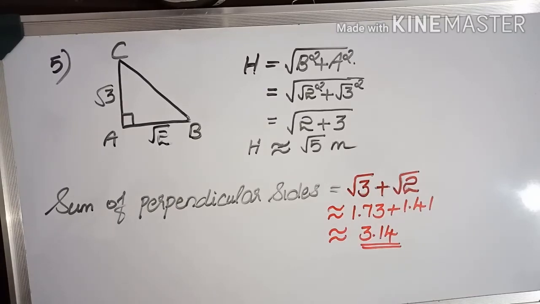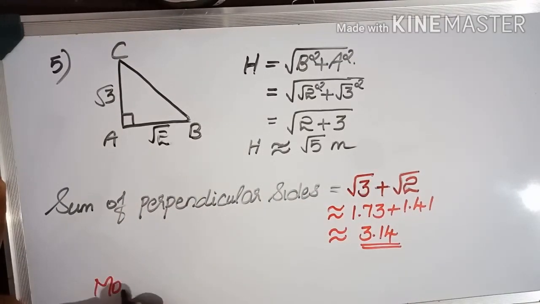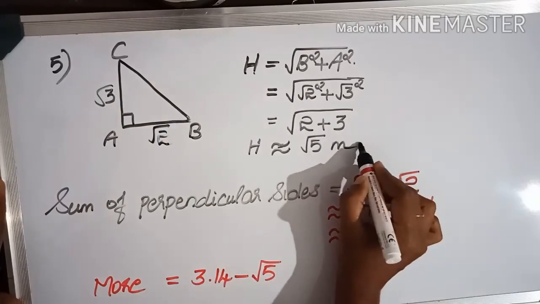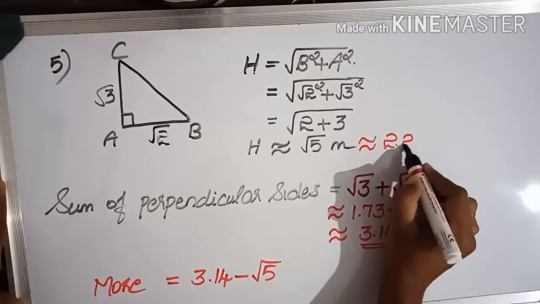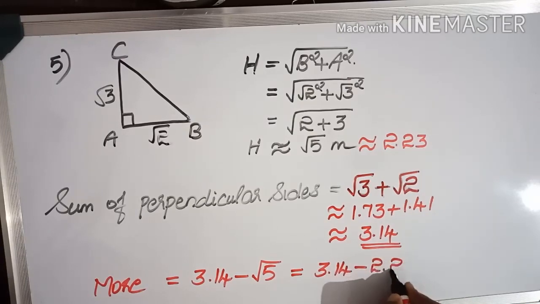Now we need to find how much larger. That means how much more, that is what we need to find. So for that, 3.14 minus root 5. The approximate value of root 5 is 2.23. So this is equal to 3.14 minus 2.23. Okay, 2.23 we have to subtract.